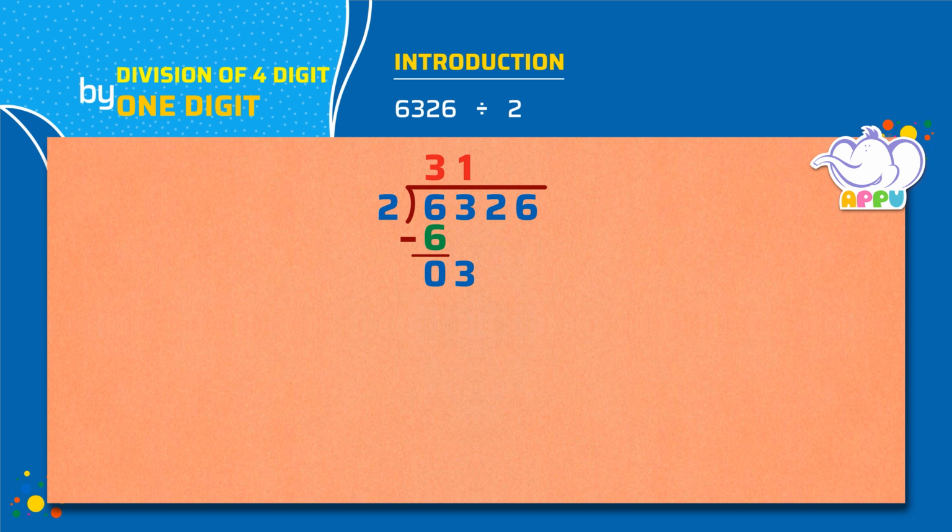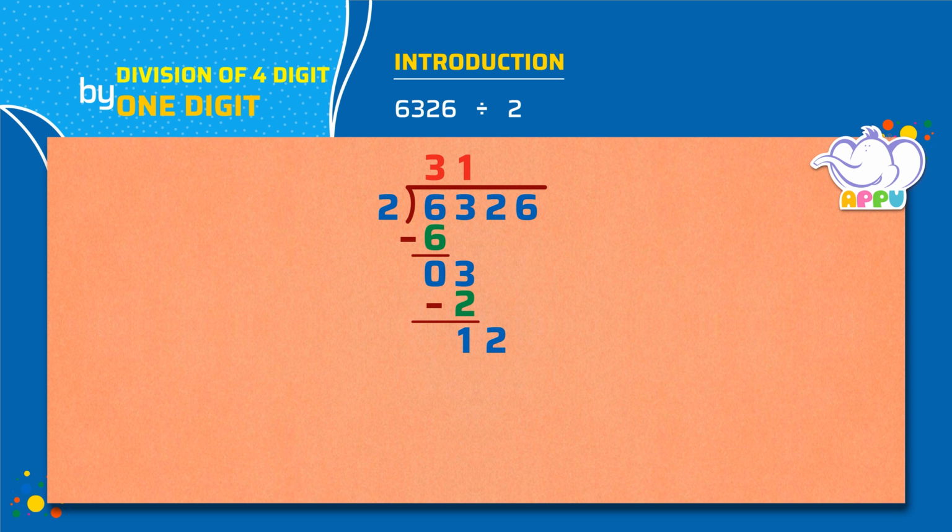We multiply 2 and 1, we get 2. We subtract 3 minus 2 equals 1. Next, we bring down the number in tens place, which is 2. So the number now becomes 12.